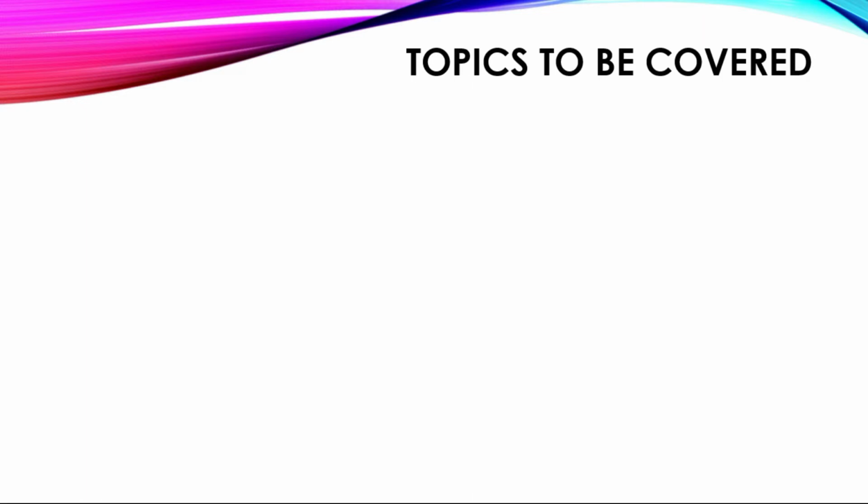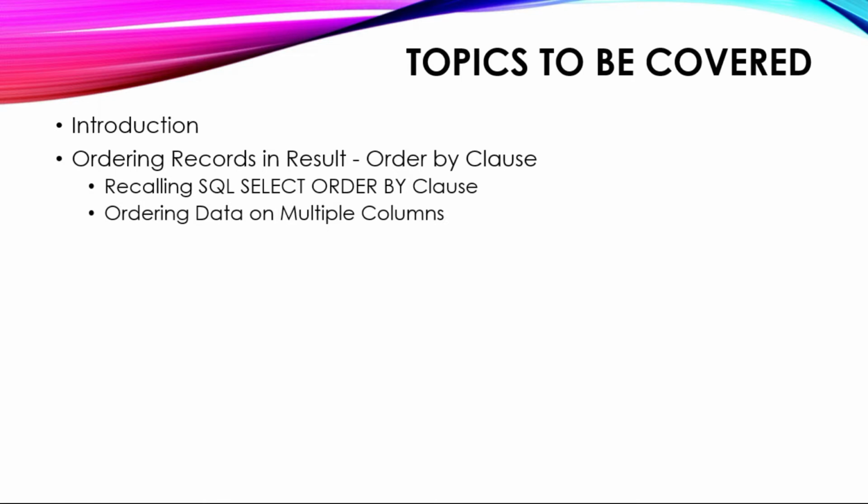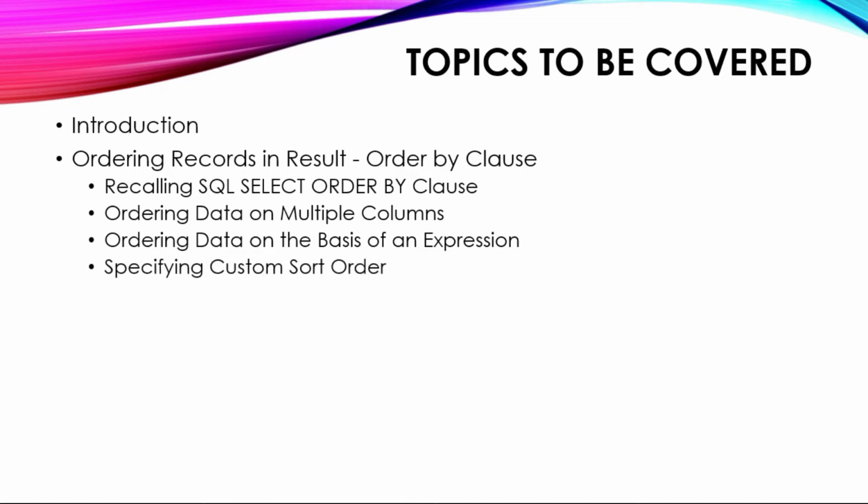Topics to be covered in this chapter are introduction, ordering records and result, that is your order by clause, recalling select order by clause, ordering on multiple columns, ordering on the basis of an expression, specifying custom sort order.